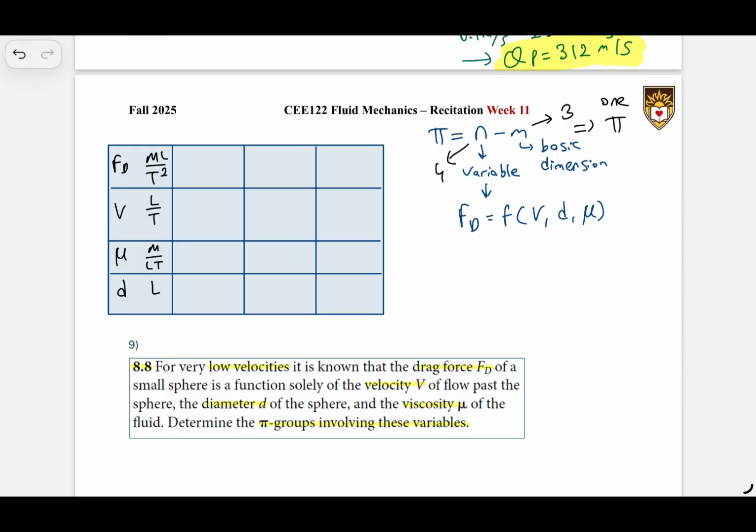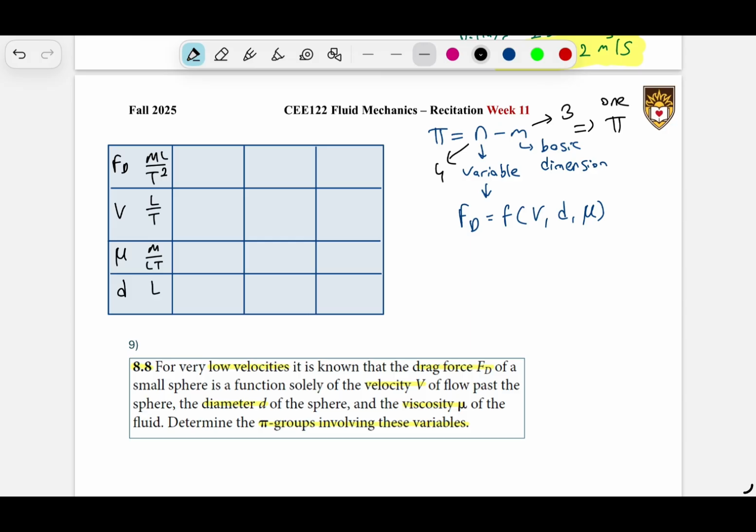If you follow lecture 17 and lecture 18, you will find that we are using the step-by-step method for the Buckingham pi theorem so that we can determine the pi groups. Basically it starts with listing all variables, then eliminating the dimension L, then eliminating M, which is mass, and lastly we are going to eliminate the dimension of time.